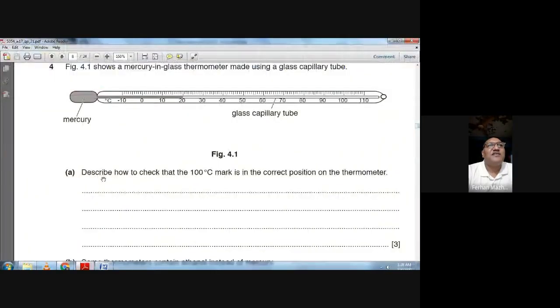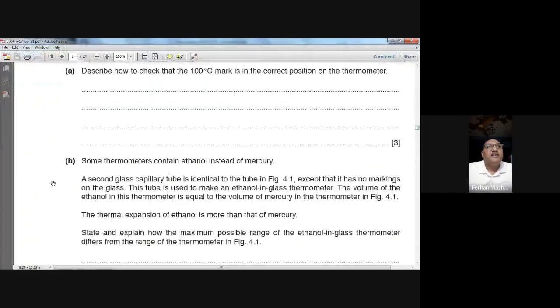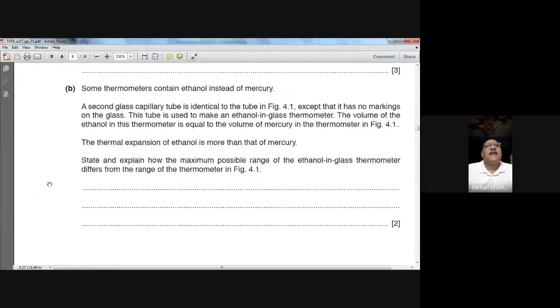Okay, on your screen, the B part of question number 4. Yeah, it's a 2-mark question. Some thermometers contain ethanol instead of mercury. A second glass capillary tube is identical to the tube in figure 4.1, except that it has no markings on the glass.